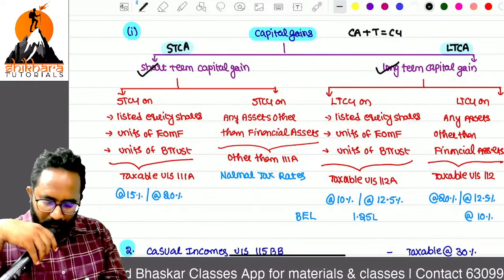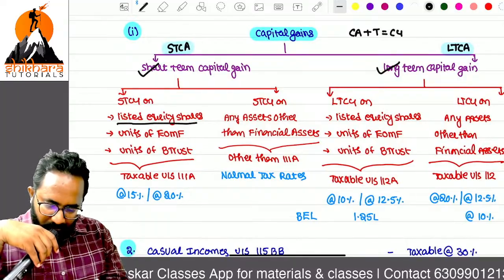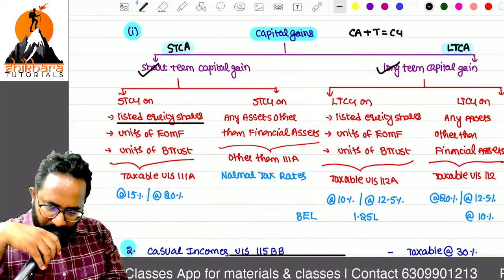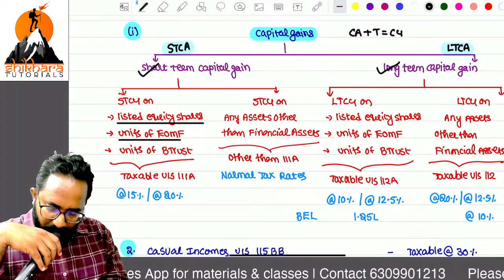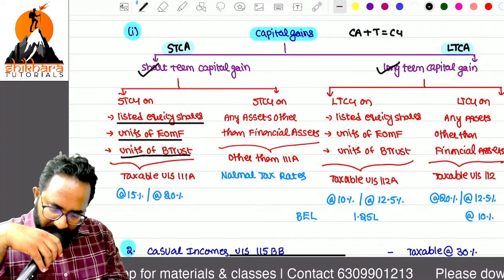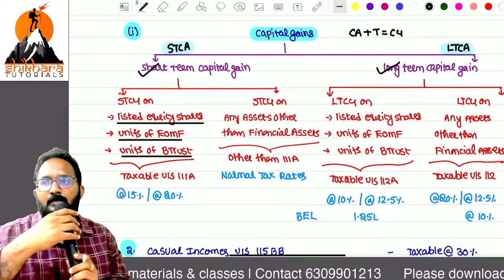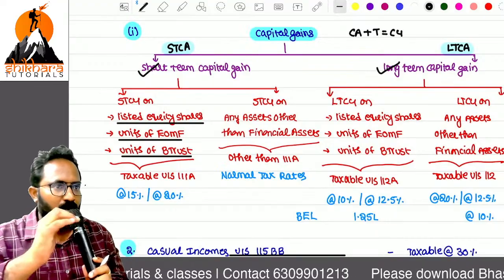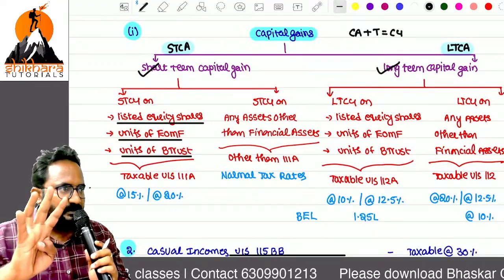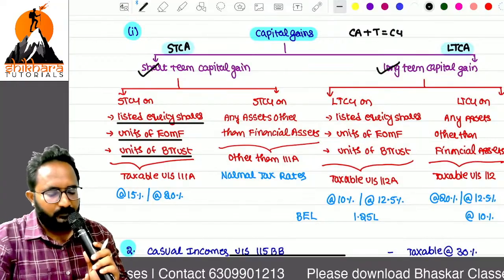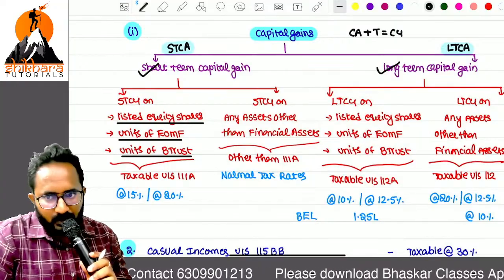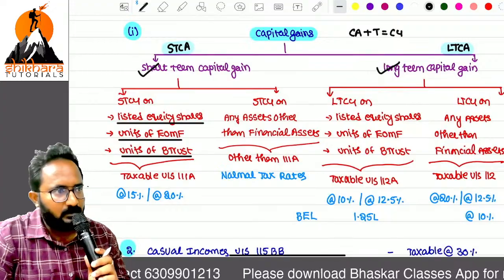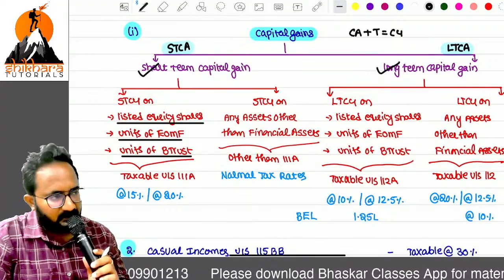Please repeat, ma. Listed equity shares, units of equity oriented mutual funds, units of business trust. So these 3 you have to remember. Listed equity shares. Second one, units of equity oriented mutual funds. Next one, units of business trust.